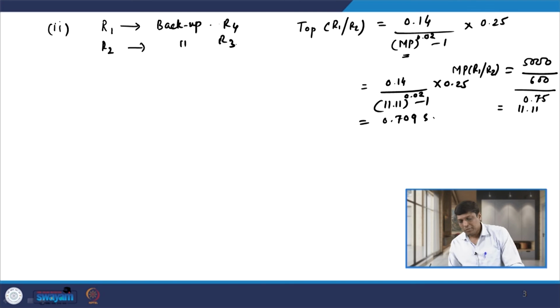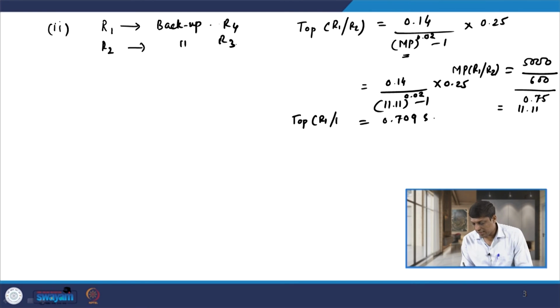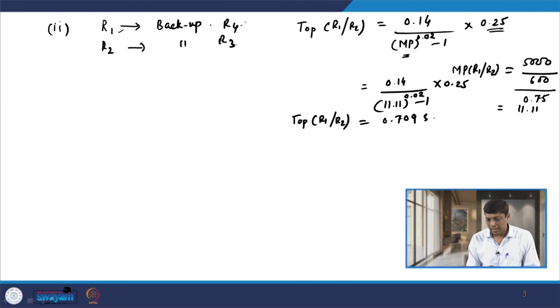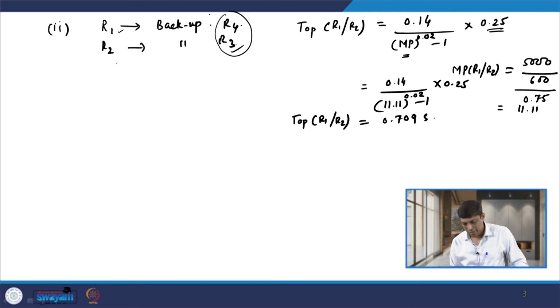So, this is the time of operation of relay R1 and R2 for fault current 5 kilo ampere with time dial setting 0.25. Now, as I told you, R1 provides backup to relay R4 and R2 provides backup to relay R3. So, obviously the time of operation of relay R4 and R3 is lower than R1 and R2.